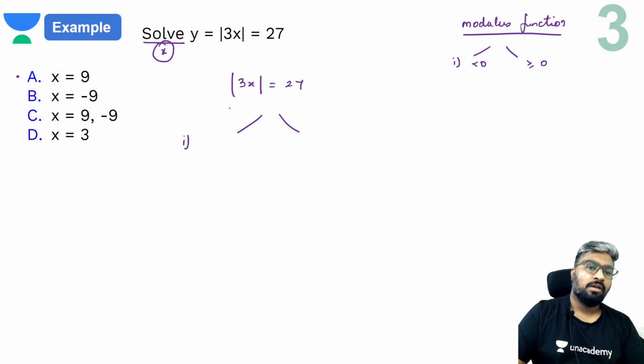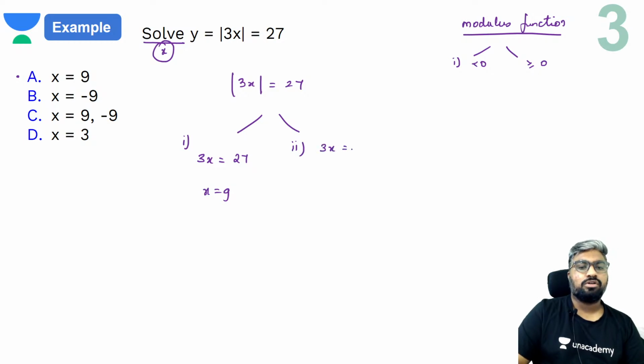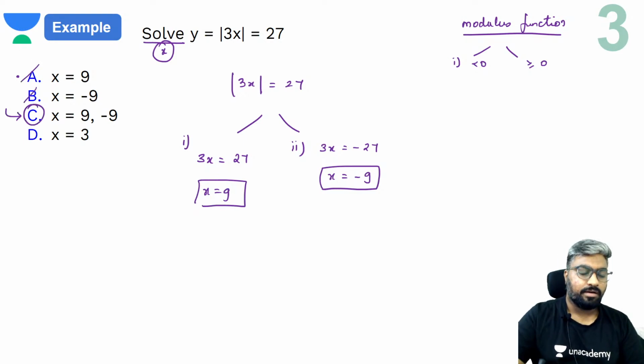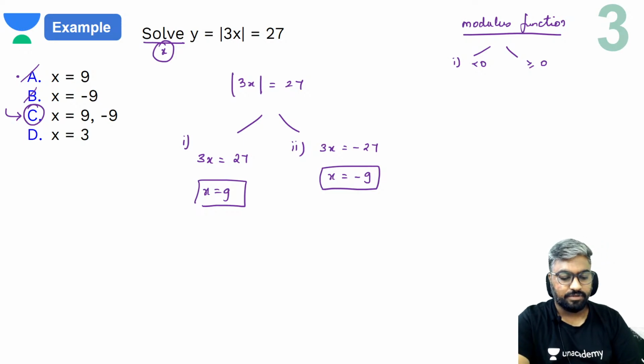One, the term inside the modulus, 3x, could be 27, x being 9, or the second scenario where the value inside the modulus is negative, so x being -9. Both possibilities will work, so it's not A or B, it is option C. Okay, very good, superb Shrey, Ajay.